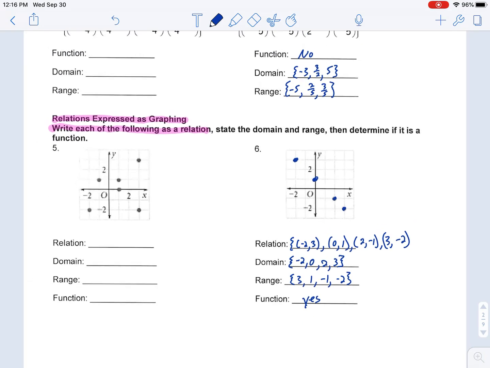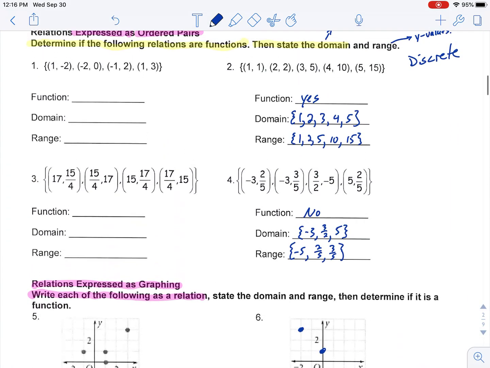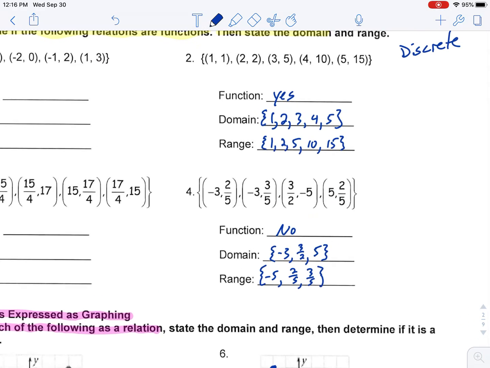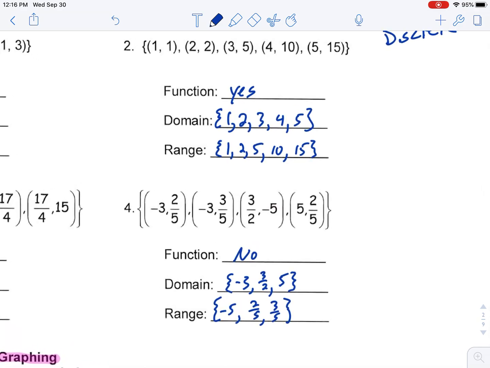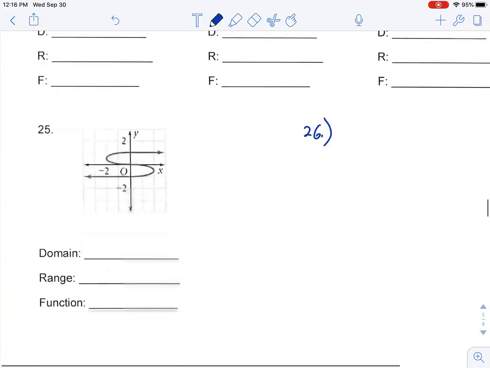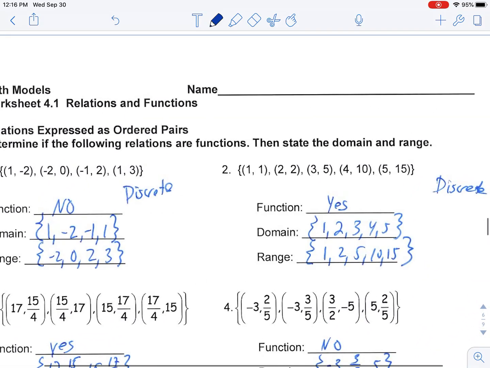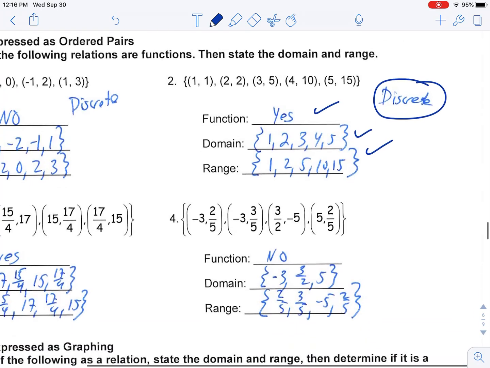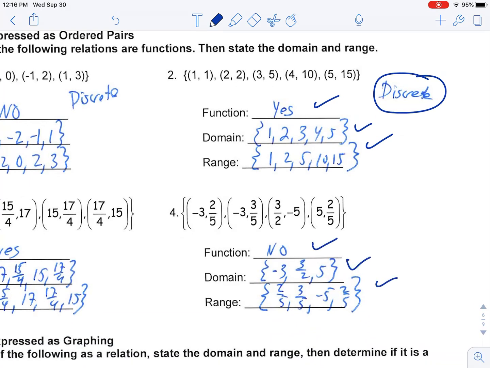Now I just realized something. My typical way of teaching is to do a problem, or sometimes two, and then check the results, and I've not done that. This worksheet is so long, I gotta scroll way down. So I'll try to check 2 and 4 right now. I kind of know they're right, just because I do this all the time. So you can see these are discrete. Yes, domain and range. No, domain and range.